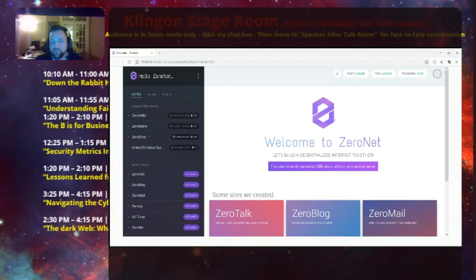Because ZeroNet runs JavaScript, it's possible for people to attempt to run malicious scripts, and I don't necessarily want to expose my IP address or other parts of my system, my anonymity or my privacy, which is why I use Tor. The great thing about ZeroNet is this. On the left-hand side, I have connected to 4 different sites already, and you can see when the last time a site was updated.